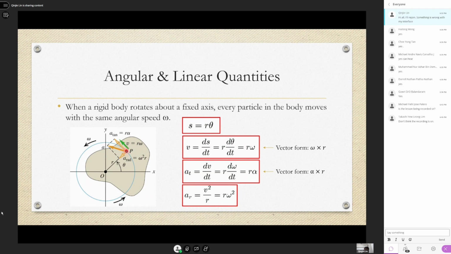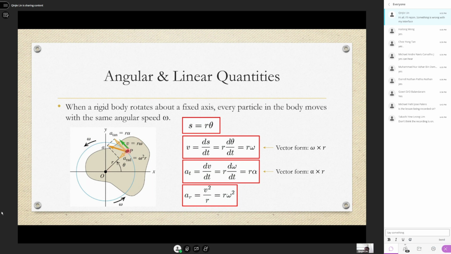If the object rotates, it will follow this blue line. But at this instant, this thing is rotating. You have this angular speed, but because it's rotating, it's also going to have this linear velocity, which equals r omega. Because this is a circular motion, we have learned that v equals r omega.